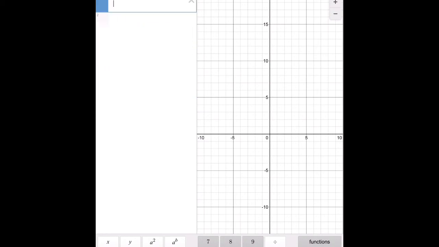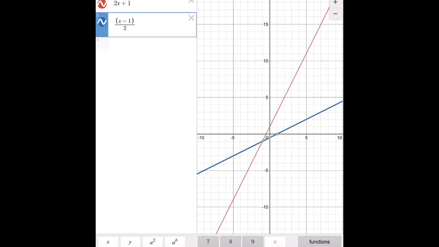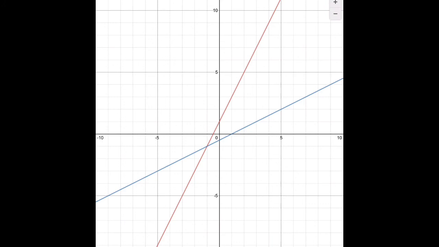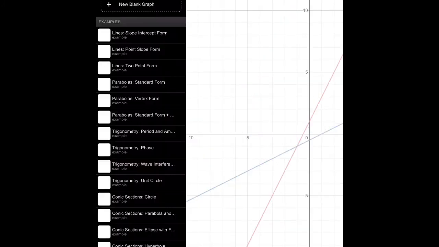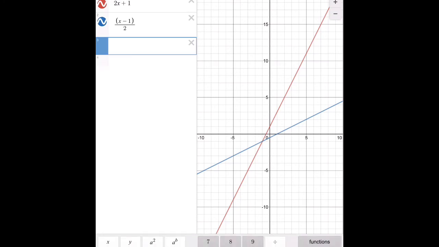If I graph 2x plus 1, and then if I graph x minus 1 over 2, notice how those two functions reflect over the line y equals x.